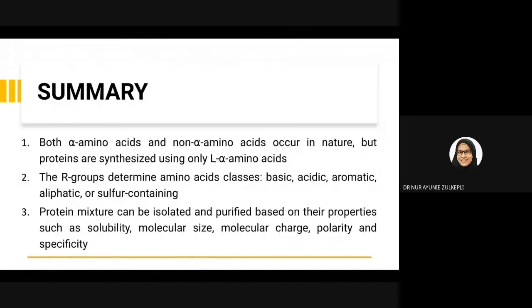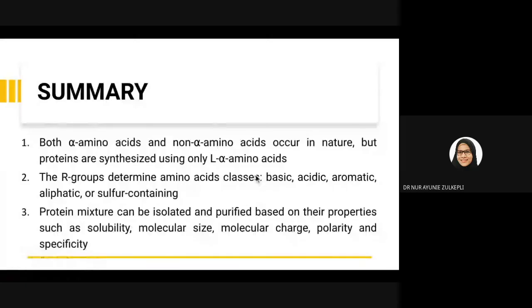You should also know that the R group, the side chain of the amino acid, determines its property and also the classification of the amino acid. It can be classified as basic or acidic, polar, aromatic, aliphatic, and sulfur containing, which is a hydrophobic group.